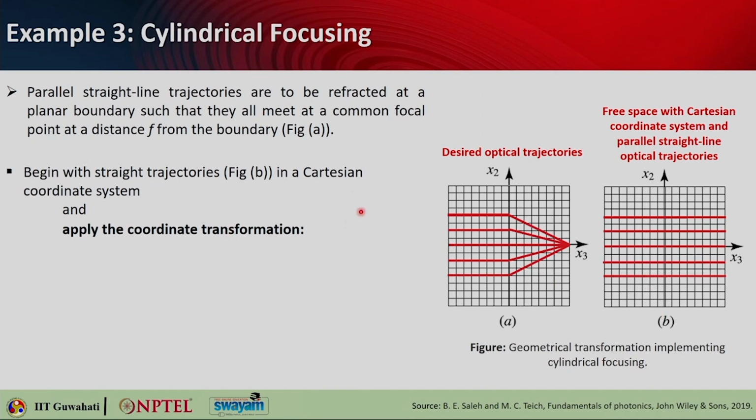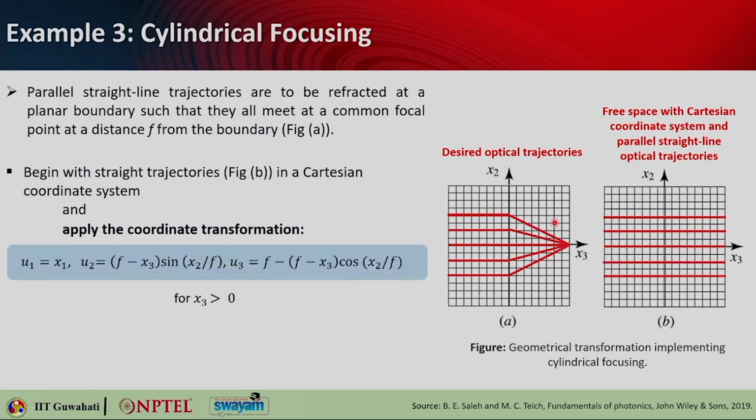So when it is a free space, they will all be parallel straight line optical trajectories, and then you have to apply the coordinate transformation here, so that this kind of feature is obtained. So in this case we will be using this particular feature that will focus at a point. Again there is no change along x1 direction.